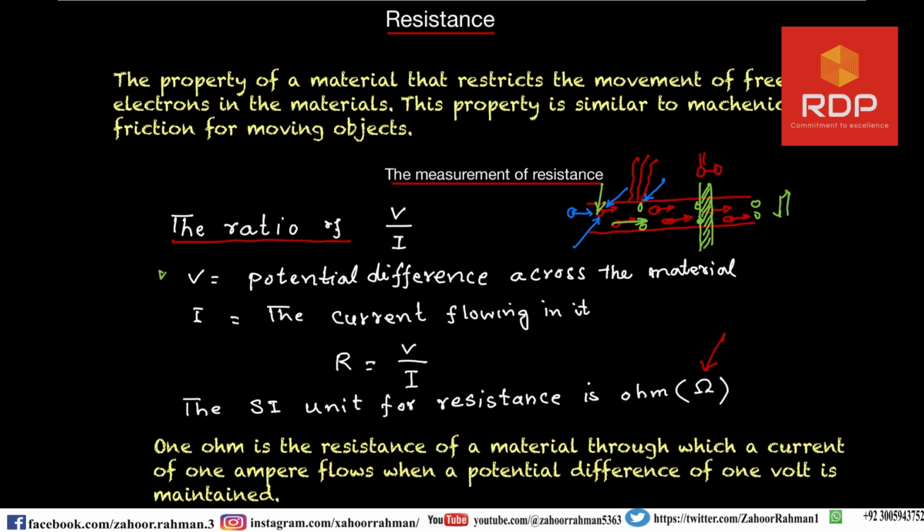Here, V is the potential difference across the material and I is the current flowing through it. R is equal to V divided by I. So remember, from this, in tomorrow's lecture we will discuss a very important law, the soul of electricity, Ohm's law, which can be derived from this one.